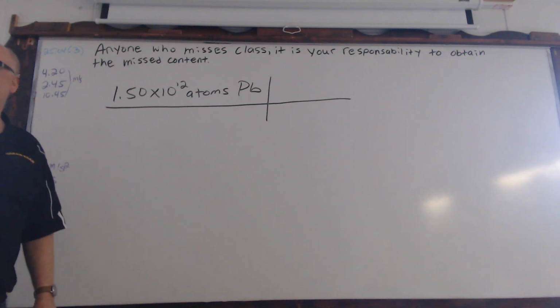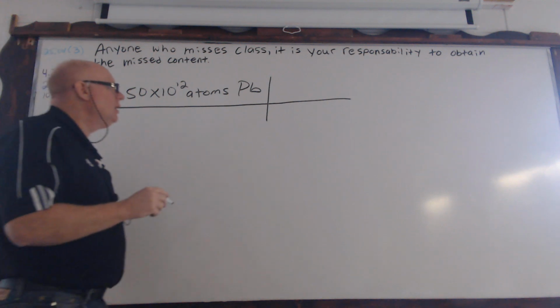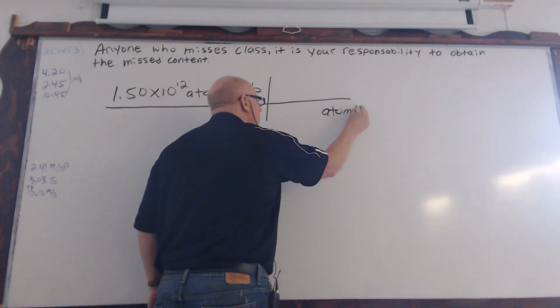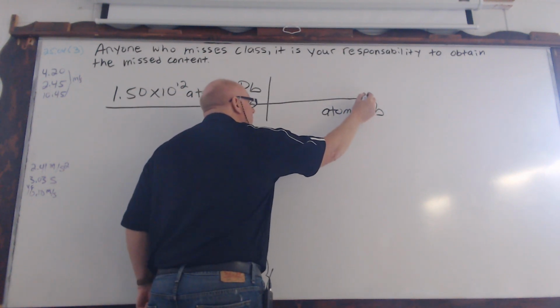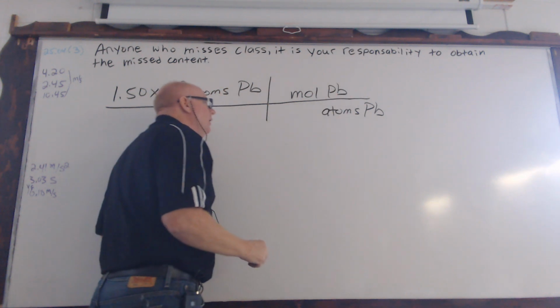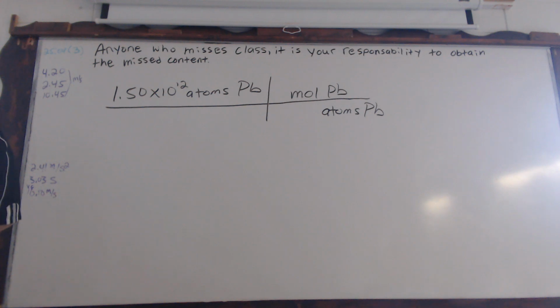So, if we're going to cancel out atoms, where would that go? On the top or the bottom? The bottom. It'll go on the bottom, so we can cancel that out. So we have atoms of lead. Okay? So for a mole of lead, how many atoms would you believe there is? 206.02? Nope, that would be a molar mass.